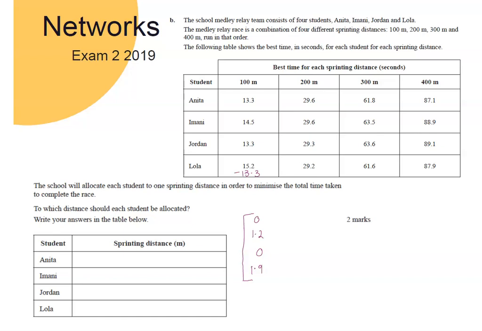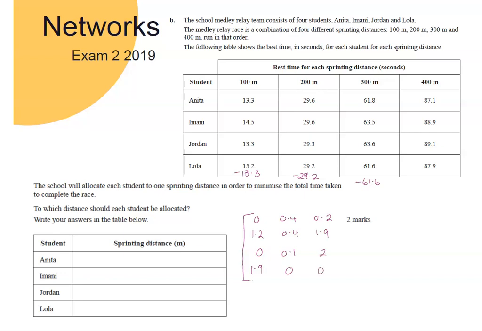And then again, moving across, so the 200 metres, this lowest time here, 29.2. So I'm going to subtract 29.2 from everything in that column, and I end up with 0.4, 0.4, 0.1, and 0. Working across to the 300 metre column, so the smallest value there, 61.6. I subtract that again, 0.2, 1.9, 2, and 0.